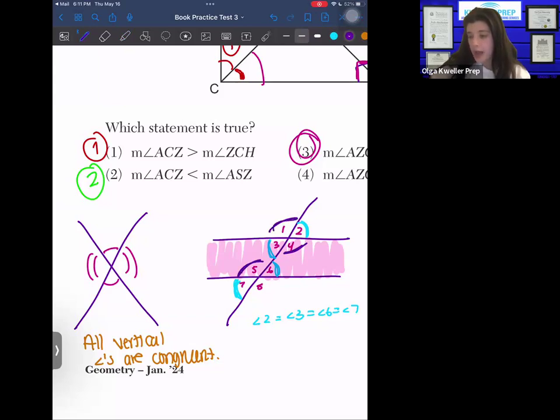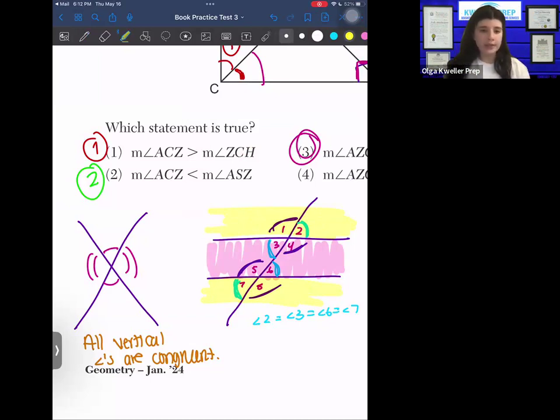And then alternate exterior is on the outside of those parallel lines. So if I draw it out for us, I'll highlight it in yellow. In this case, it's outside. And again, the alternate part comes from they're on opposite sides of that transversal. So 1 and 8, exterior and alternate, 2 and 7, exterior and alternate. And then obviously 2 and 3 and 1 and 4, those are just vertical angles that we know.